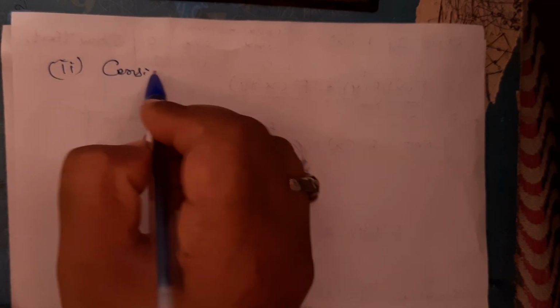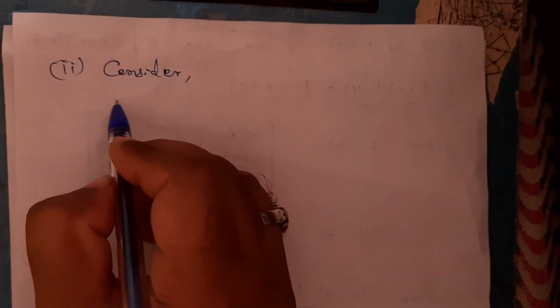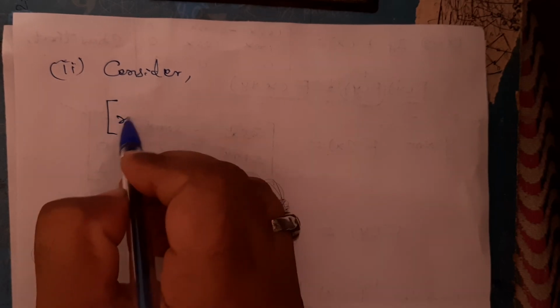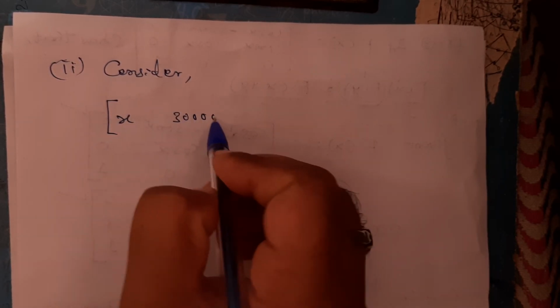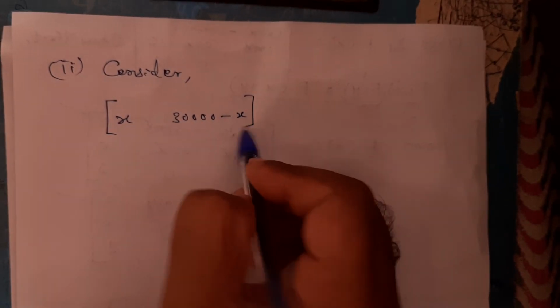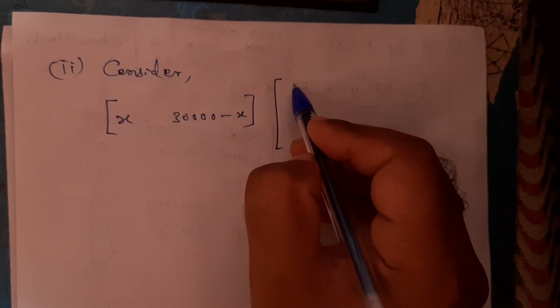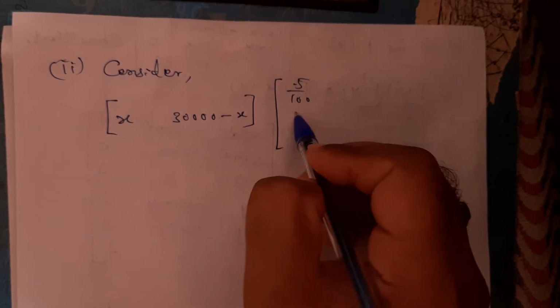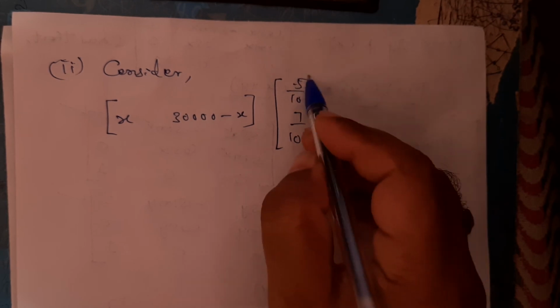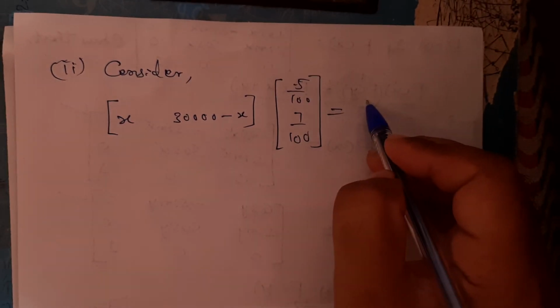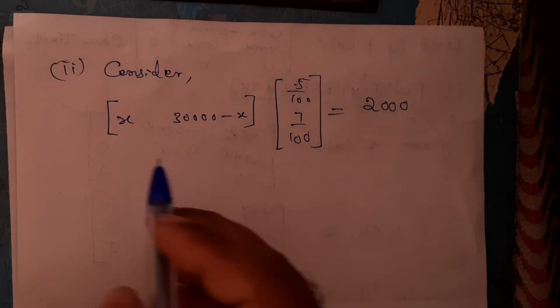Okay, second one is, consider the same. I will write the matrix as x, 30,000 minus x, and another as a column matrix, that is 5 by 100, 7 by 100. What is the total annual interest here? For the second case it is 2,000.